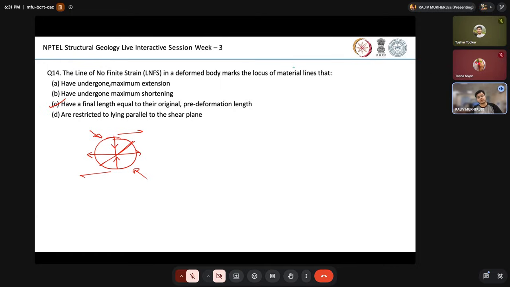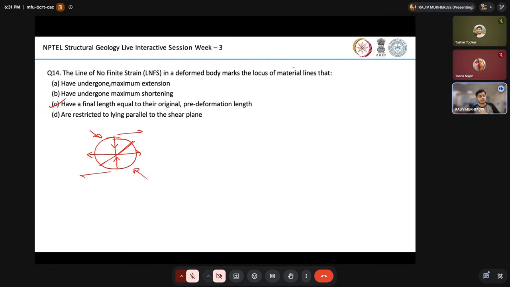It means that from the initial to the final stage, it has only rotated but not accumulated any shortening or any stretching. So that's the definition of a line of no finite strain, LNFS. That means the line of LNFS has a final length equal to its original pre-deformed length.